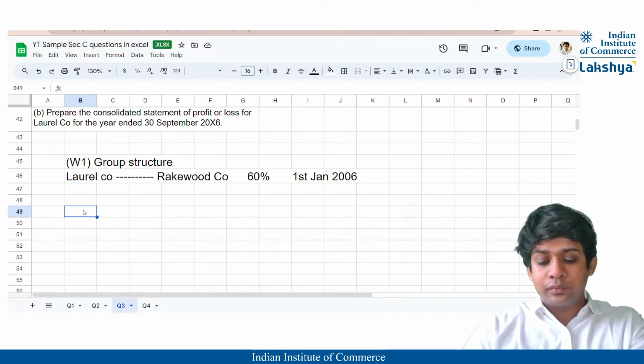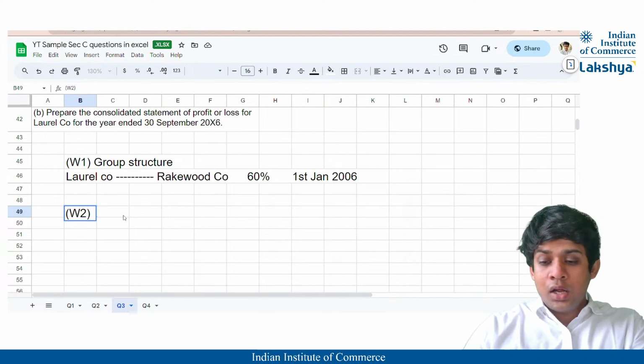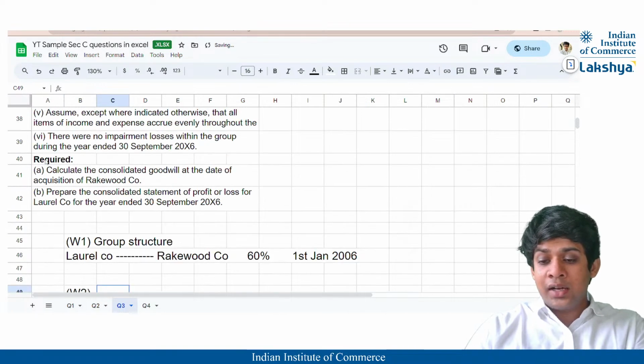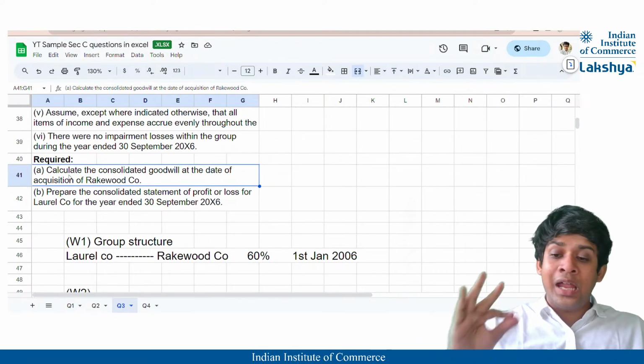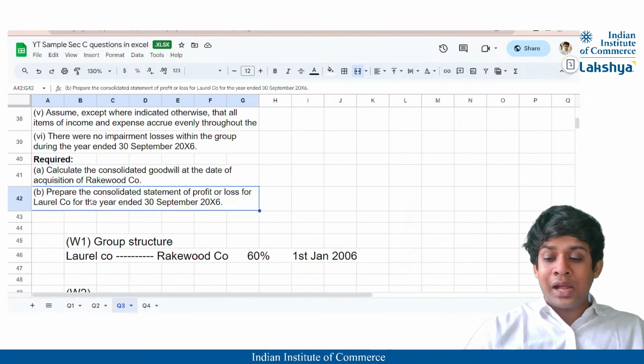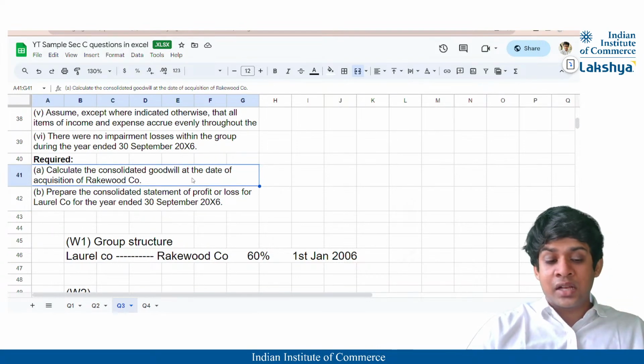Okay. Then comes working note 2 that we will prepare. What they've asked in the question, as I told you, this is a past paper. In your exam, when they ask you to present the consolidated statement of profit or loss, it is quite short, so they will not give 20 marks for this. So they will usually ask you something for the calculation of goodwill, as they've asked here.